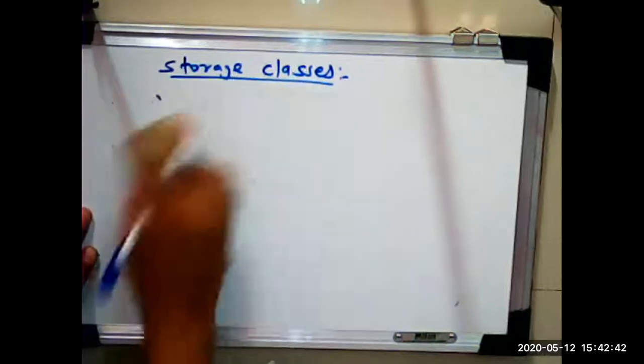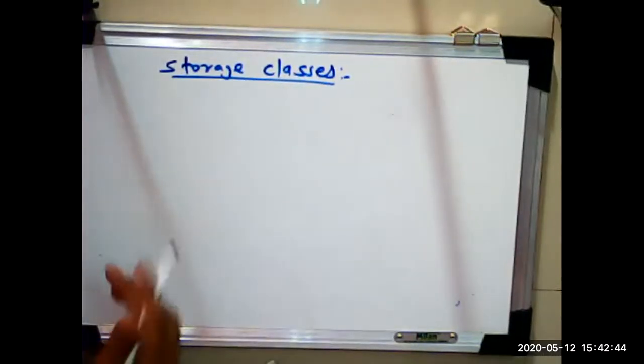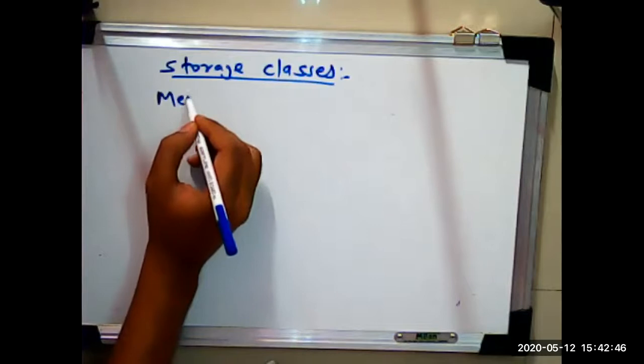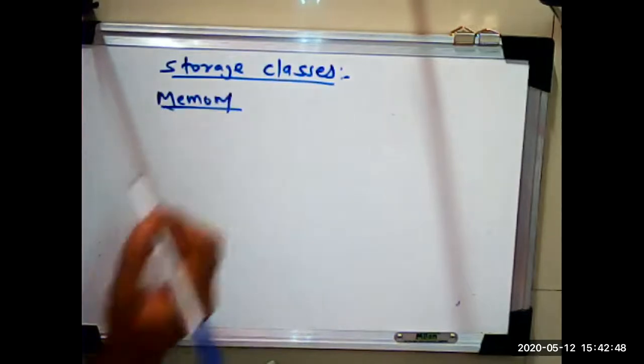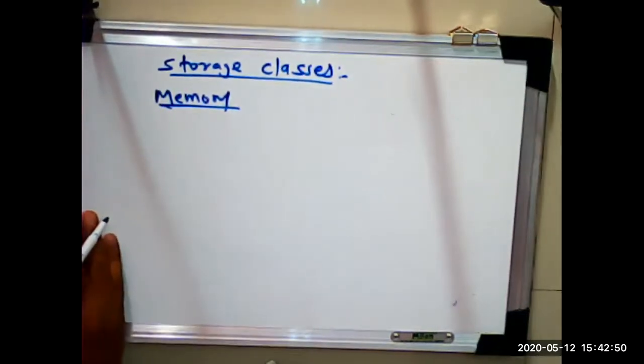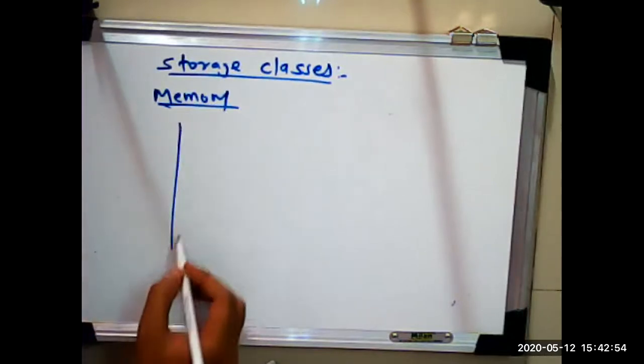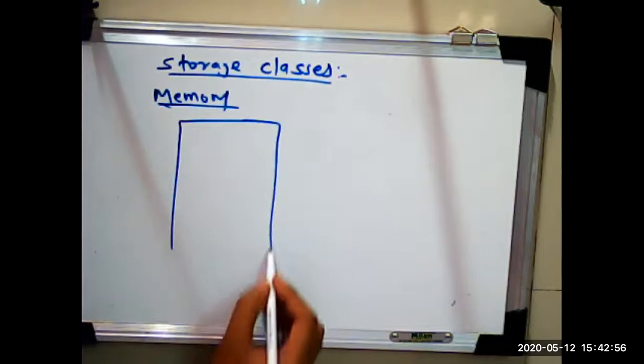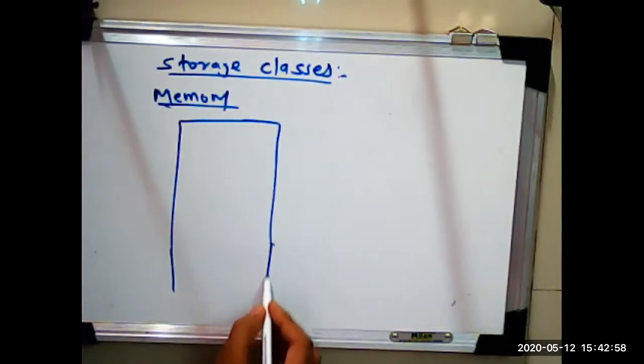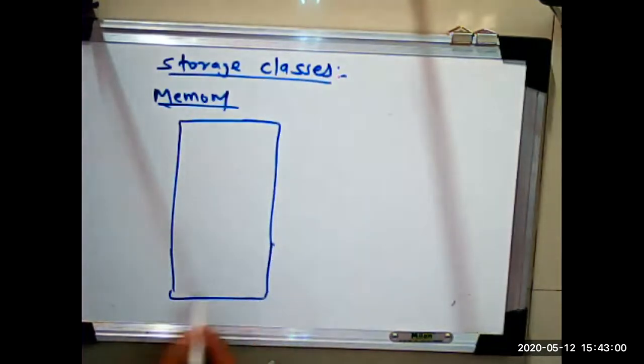But before starting the storage classes, I have to tell you what the different types of memory are in C for your process. When your process is under execution, your operating system gives some amount of memory to your process.